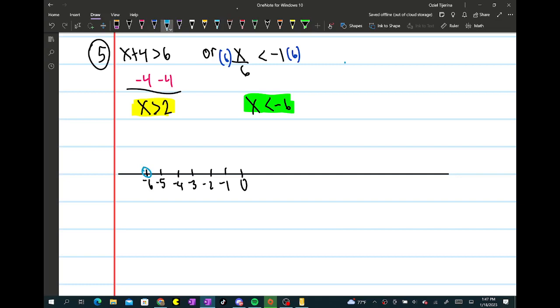And at x equals 2, there's also an open circle. So we have x is less than -6, meaning that we're going to shade to the left. And then we also have x is greater than 2, and it should be right here. At x equals 2, we put an open circle and shade to the right. Okay, so that is how you graph it.